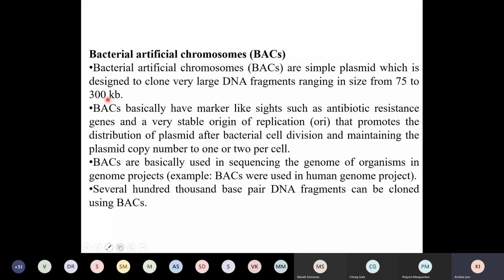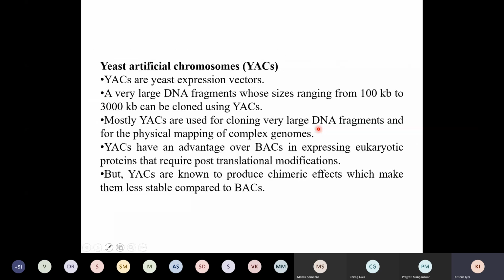These are used for cloning very large pieces of DNA, and sometimes for other purposes, such as genomic sequencing of genomes. They also have the advantage that they can carry DNA sequences into eukaryotic systems rather than prokaryotic systems, which has certain advantages in genetic engineering.